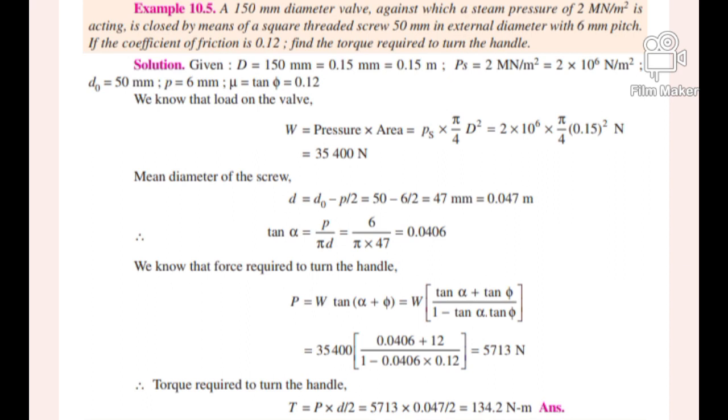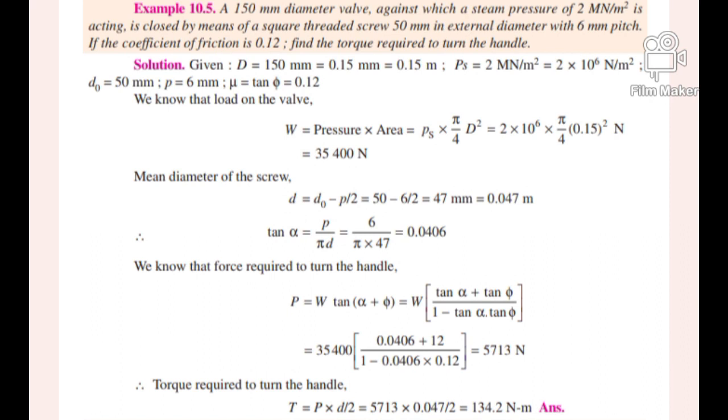By tan inverse of 0.12 we get the phi value. By applying the values in the formula P is equal to W tan of alpha plus phi, we get the value of force as 5713 Newton.